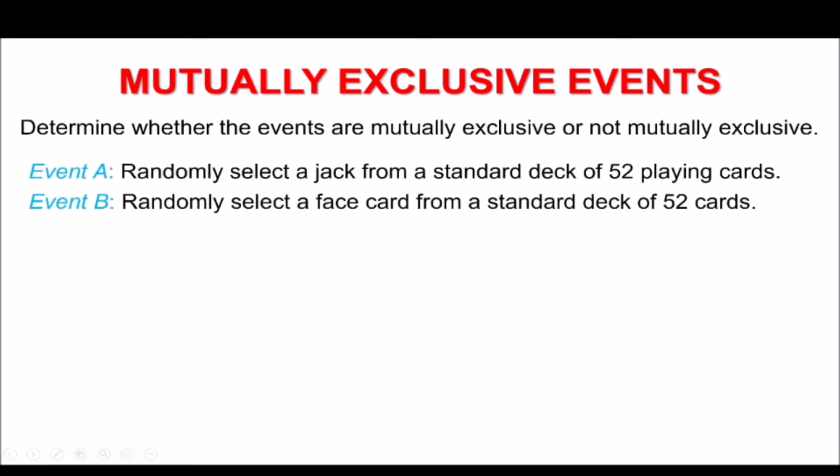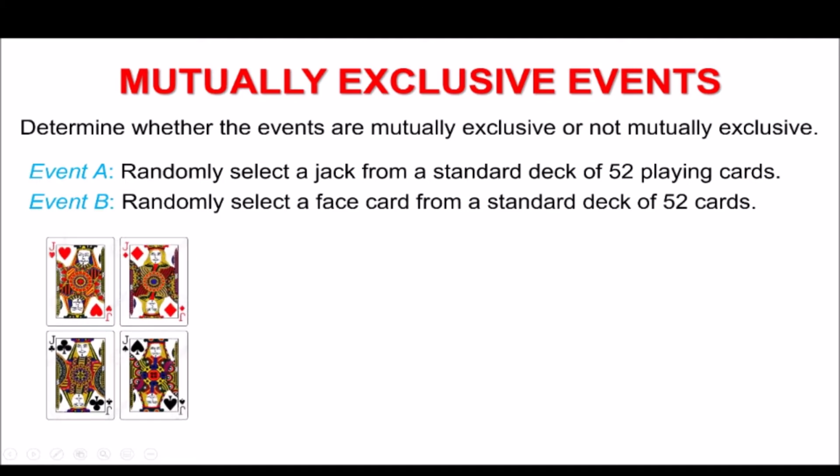Suppose we have event A as randomly selecting a jack from a standard deck of 52 playing cards. Event B, randomly select a face card from a standard deck of 52 cards. In event A, the outcomes are Jack of Hearts, Jack of Diamonds, Jack of Clubs, and Jack of Spades.